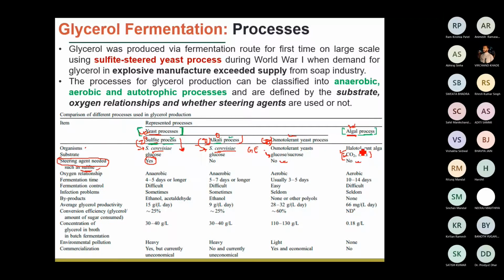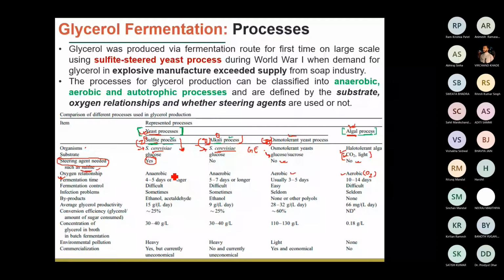Regarding oxygen requirement, the osmotolerant and algal processes are aerobic, meaning the fermentation is carried out in the presence of oxygen. However, the alkali process or the sulfite process is carried out in the absence of oxygen, and it is an anaerobic process.